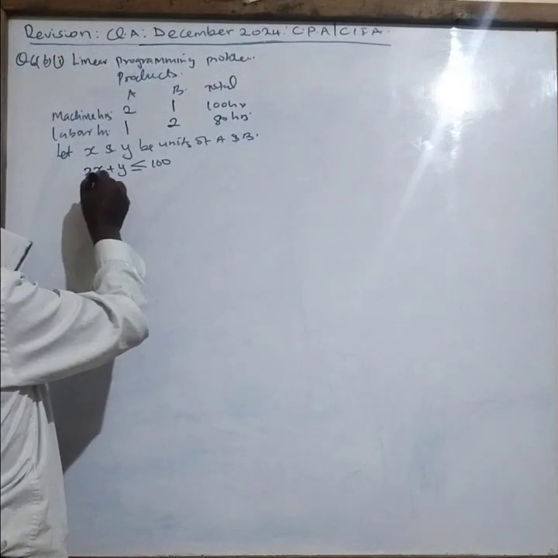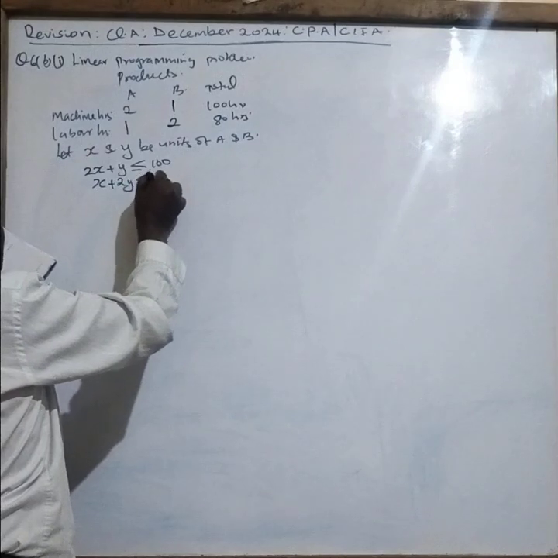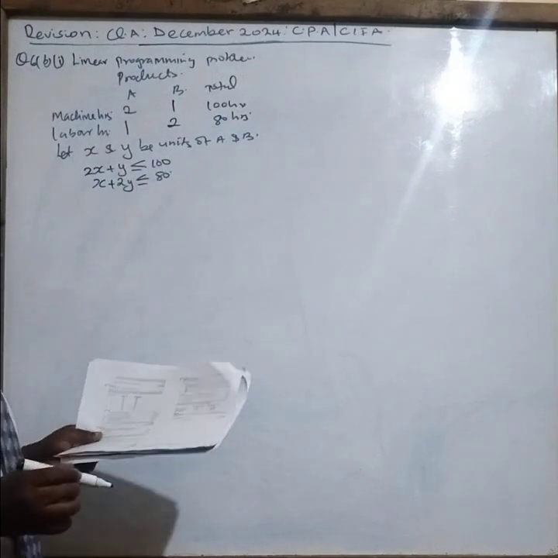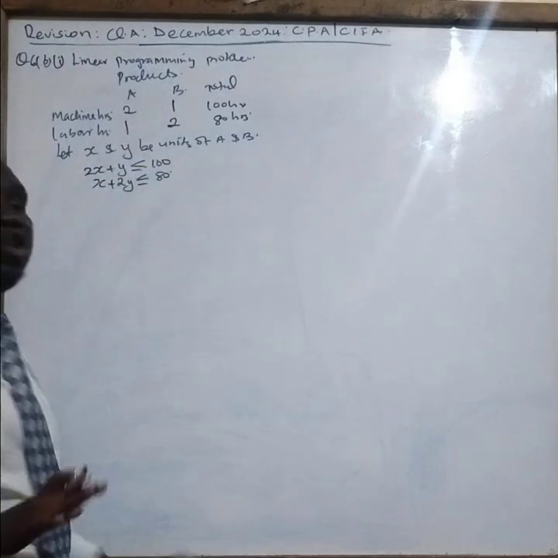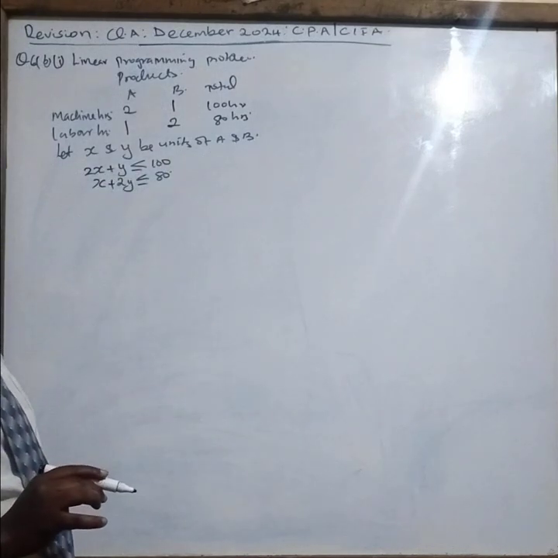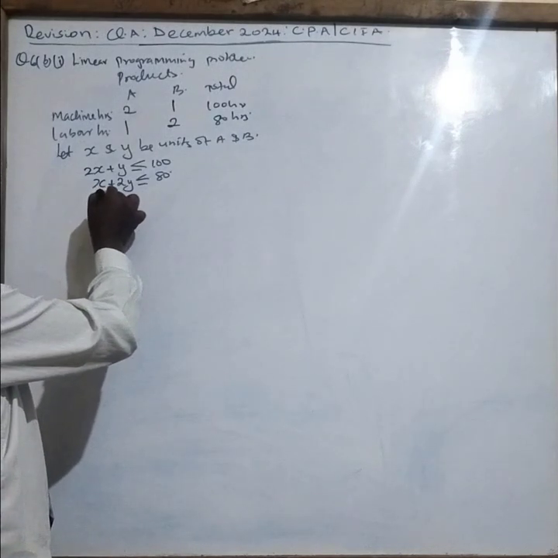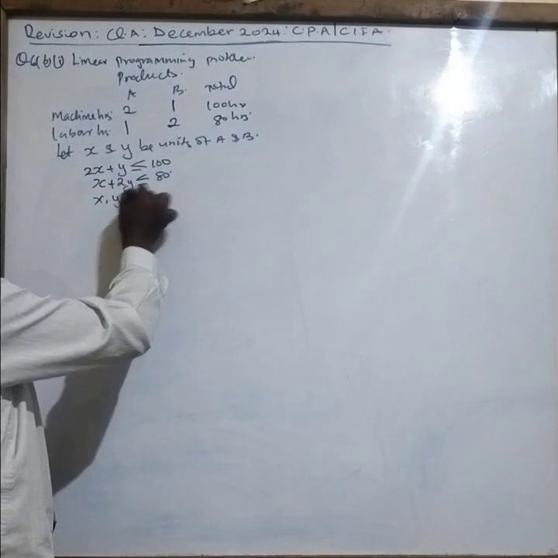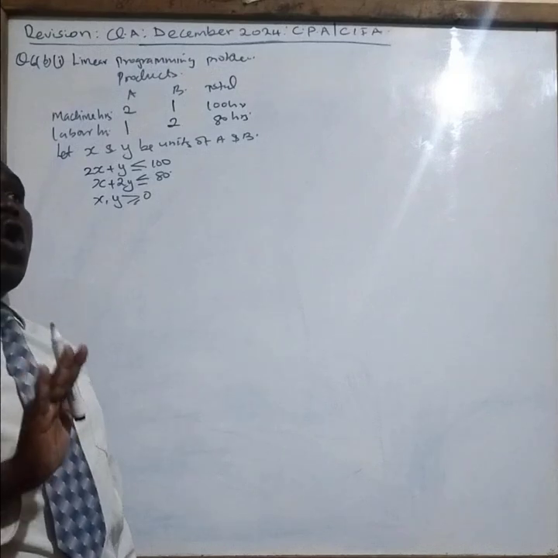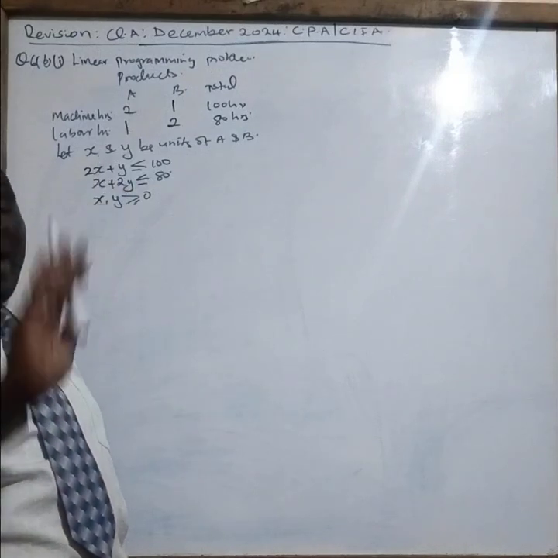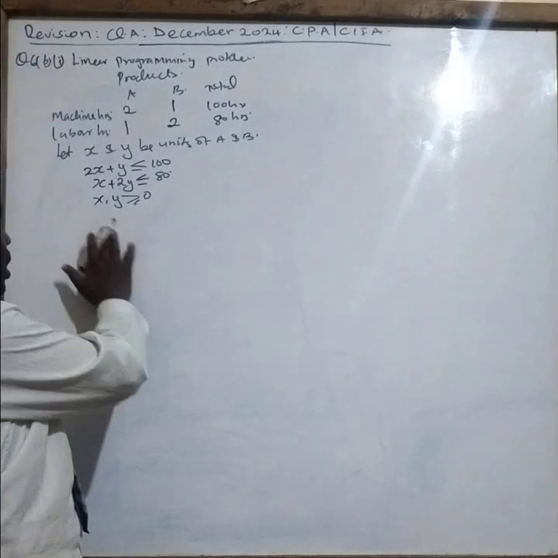So you say now x + 2y ≤ 80. Correct? Then these units x and y cannot be negative. Therefore, we introduce non-negativity: x and y are greater than or equal to 0, meaning you have either not produced, which is 0, or you have produced more than 0.